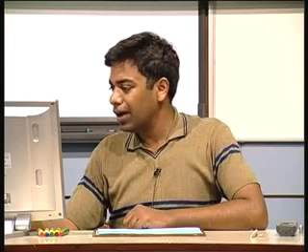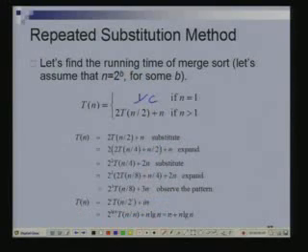Okay. n into C plus n log n, great, good. By just looking at the solution, you can see that this is what you would get.